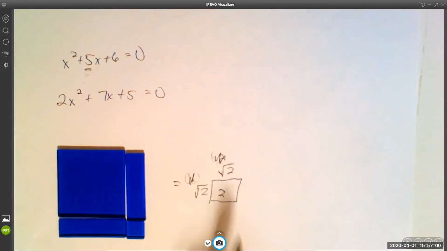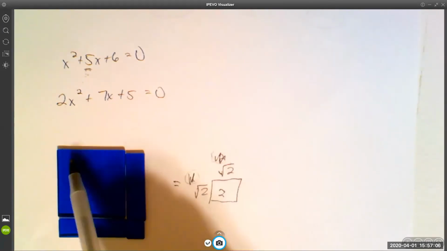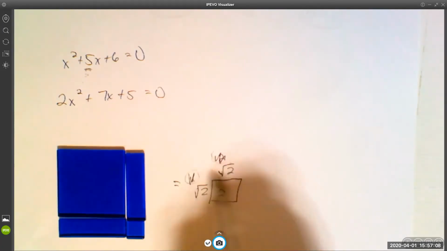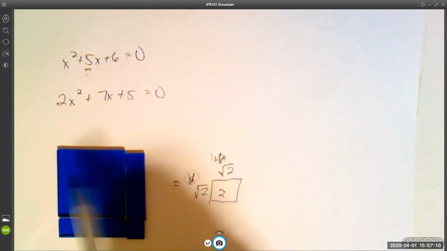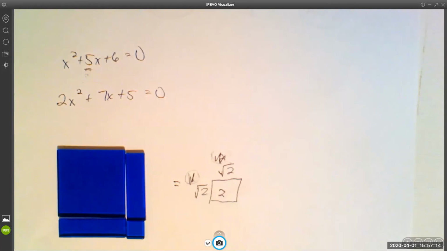Okay, so now the top and the side match each other. So now I can say x plus 1 equals the square root of 2, or x plus 1 equals negative square root of 2. So that's the idea there. It gets a little bit janky at some point.